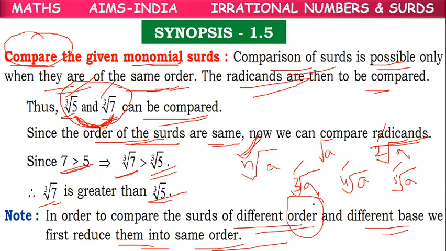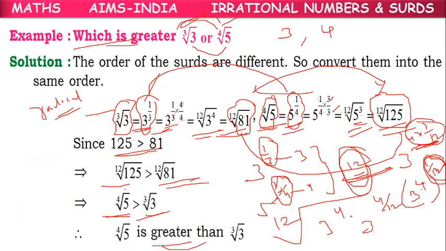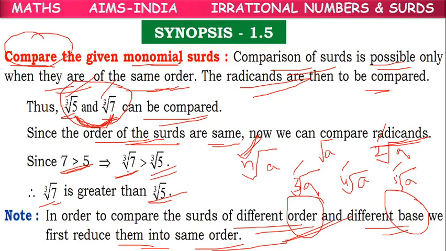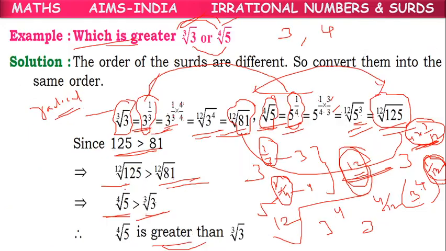If they have different order and different base, first we have to make them into the same order, then we can compare. If they have the same base, we can compare directly. If they have a different base, then also we can compare them.